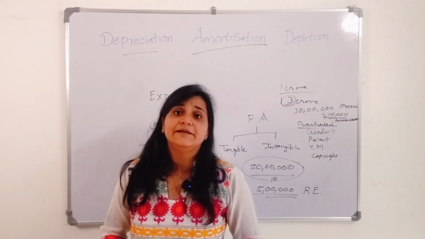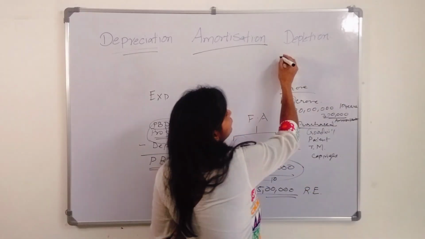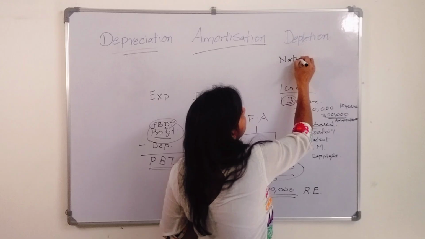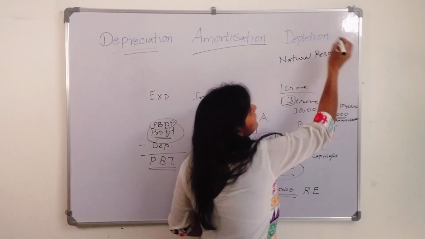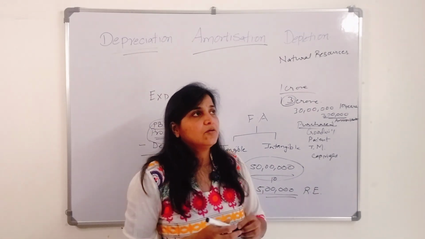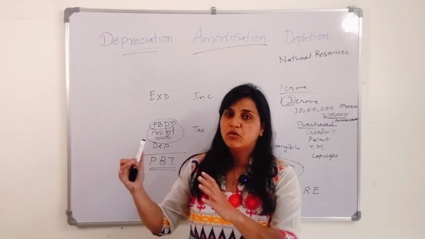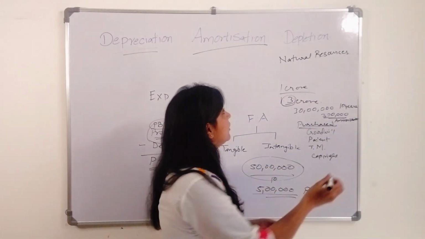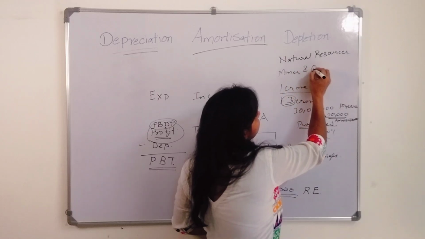Next comes depletion. What is depletion? It majorly relates to natural resources. You must have heard the term that our natural resources are getting depleted. Now, depletion means, like, if I'm into a coal mine business, what gets depleted? Mines and quarries.